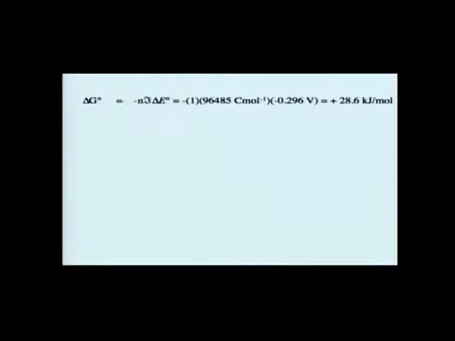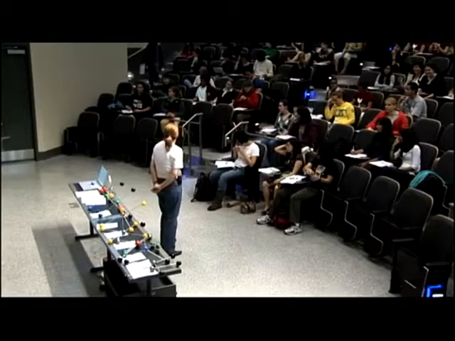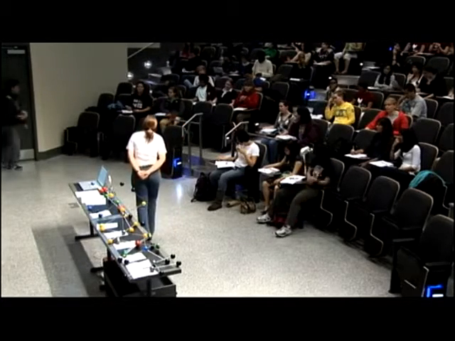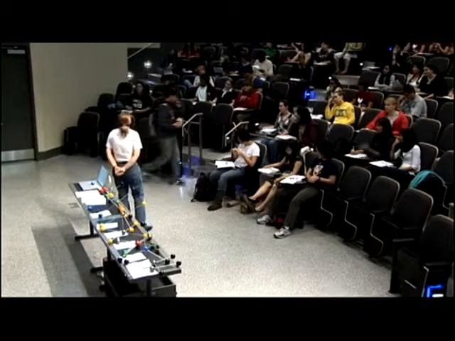So let's figure out how not spontaneous it's going to be. How much trouble are we all in? So we can use, again, the same equation that we use for batteries that we've used in this course. Just because it's a biological system doesn't mean the equation doesn't hold. So our equation is delta G naught equals minus n, the number of moles of electrons, times Faraday's constant, times the change in the standard potential. So we can plug it in.